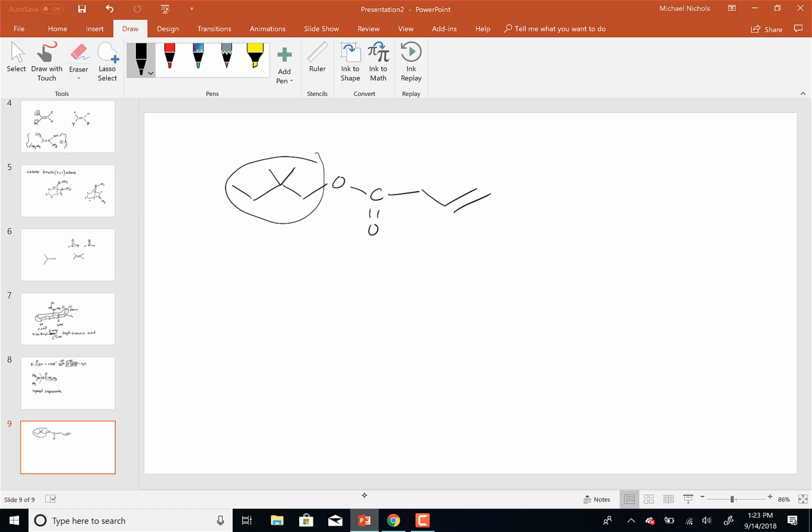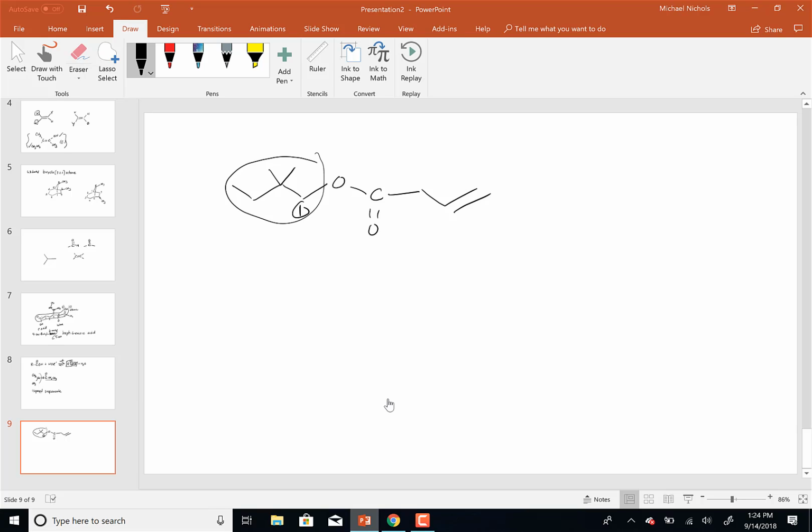We can't go through the longest chain because the longest chain would have an oxygen. So I have to name the alkyl group on the alcohol part first. My first step would be to find where it attaches. The attached carbon is automatically number 1.